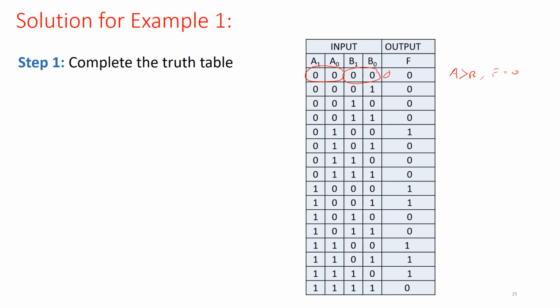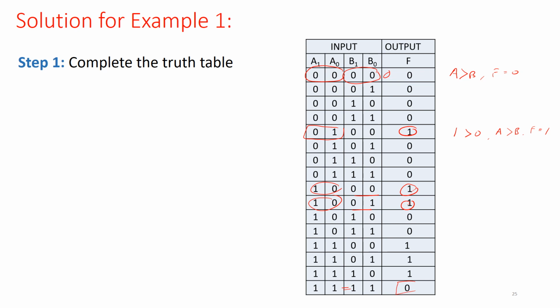As we go on to each of these numbers, we'll notice that, for example, here A equals 1, and 1 is greater than 0, thus A is greater than B, F equals 1. And similarly for these other rows, 1010, they are all greater than B, which is 0001. Okay, so we go up until 1111.